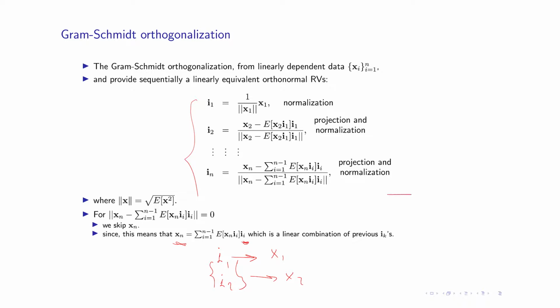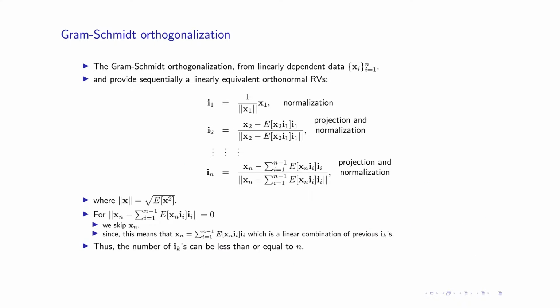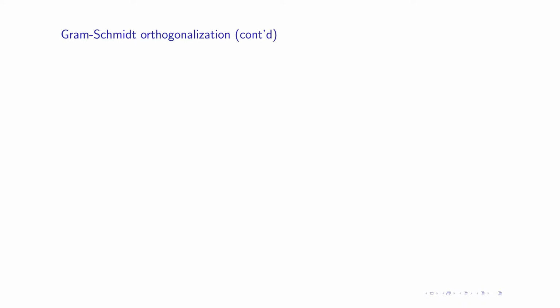In this Gram-Schmidt orthogonalization system, I get x1 to xn as input, and the output gives me I1 to In, and using the output, I can get the input back. So it's a one-to-one relationship. I'm not losing any information. But what I'm obtaining is that the output components are orthogonal to each other. The number of Ik can be less than or equal to n, so somehow you are reducing your data.